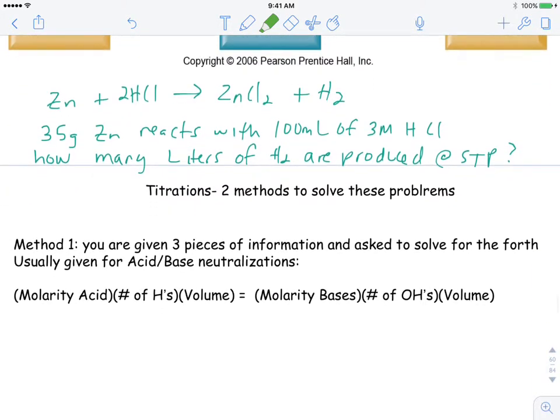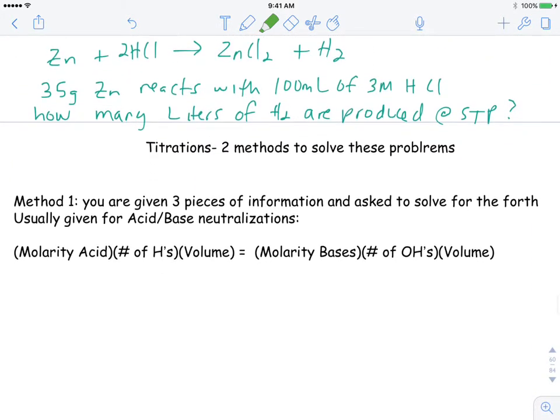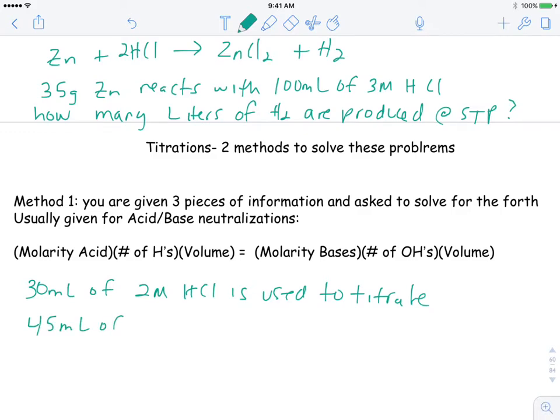Now, another method. We actually did a titration, but it wasn't an acid-base titration. This formula here is for acid and base titrations. And what does that look like? Well, you'd be given a problem like this: 30 milliliters of 2 molar HCl is used to titrate 45 milliliters of NaOH completely.